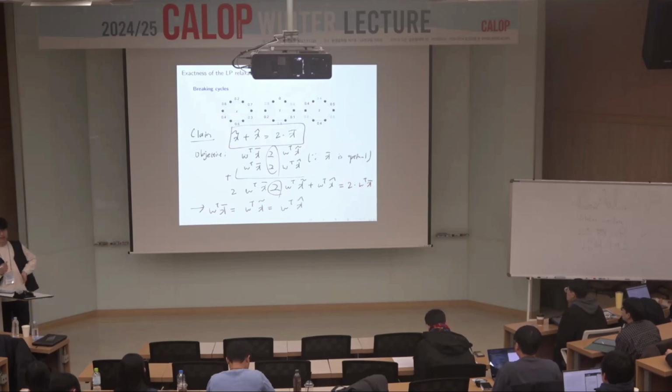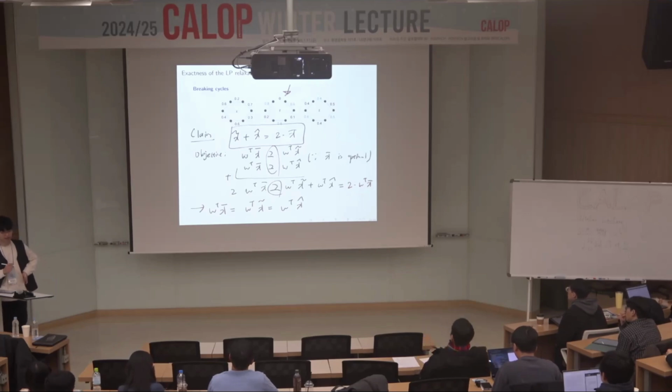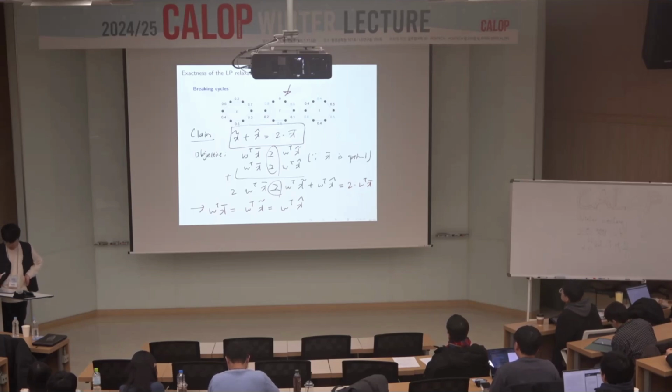So x tilde and x hat are both optimal solutions. If you look at x tilde, I broke one cycle. Now you keep repeating this procedure, and you can break every cycle in your graph. Let me stop here and I will resume in 15 minutes.